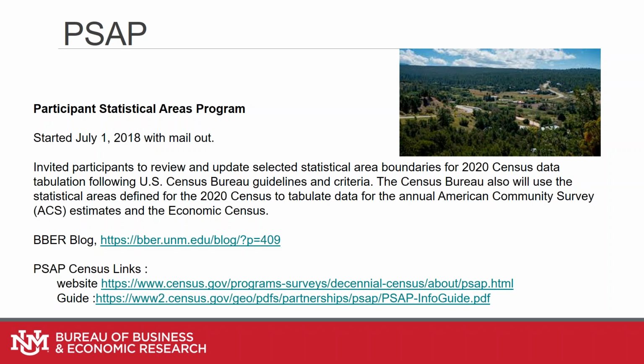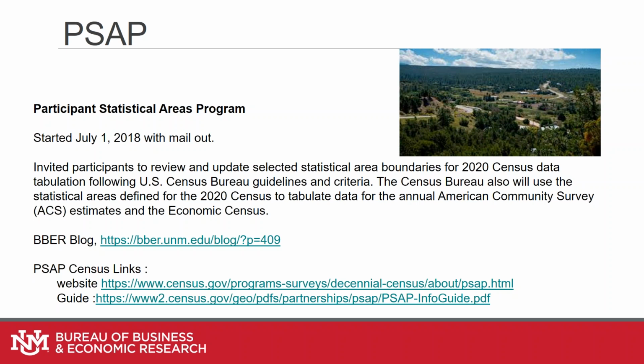Incorporated small towns and cities are automatically in the pull-down because they have to report through the Boundary and Annexation Survey to show their boundaries on an annual basis to the Census Bureau. But unincorporated areas don't, and so the only time they can get themselves designated as a census designated place is during the PSAP program.